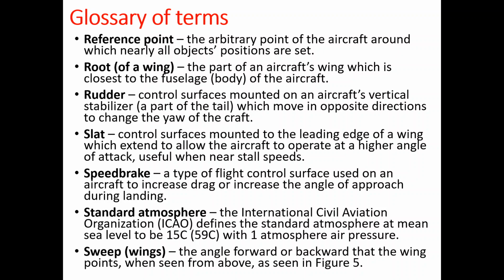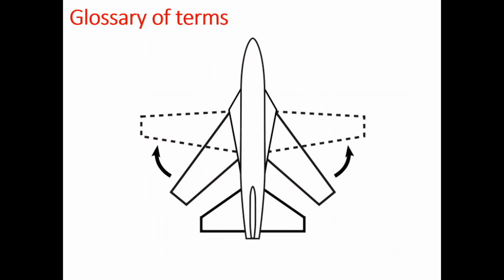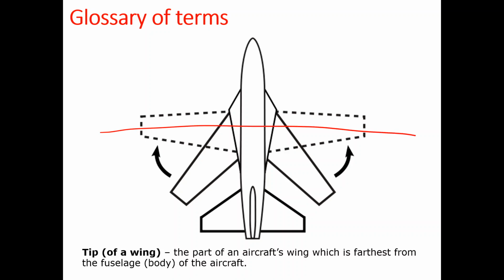The sweep angle is the angle forward or backward that the wing points. So when you're looking at the airplane from the top, the angle it makes with the horizon is going to be the sweep angle. So here we have the sweep angle. Okay.